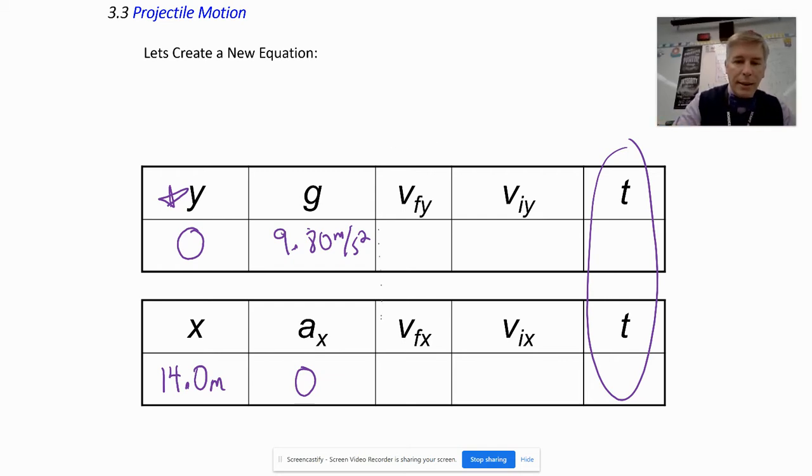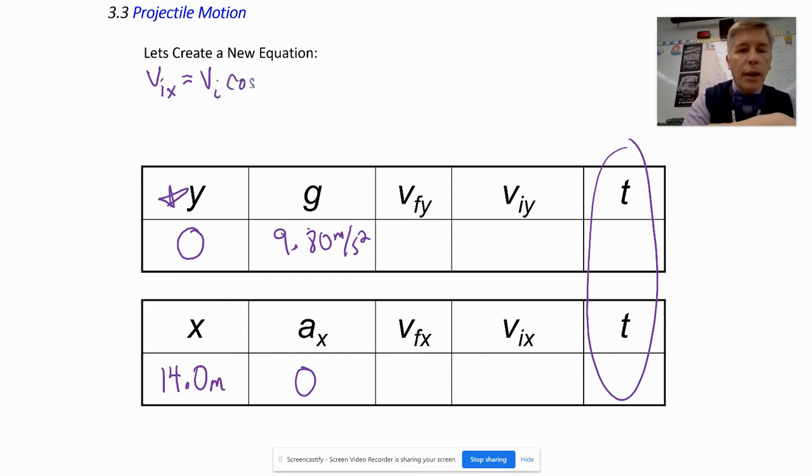How do I get these kinds of things into the equation to actually work this problem? Well, I have to realize those trig problems I gave you earlier are still going to be true. So if I write this like this, Vix is equal to Vi times the cosine of my angle.